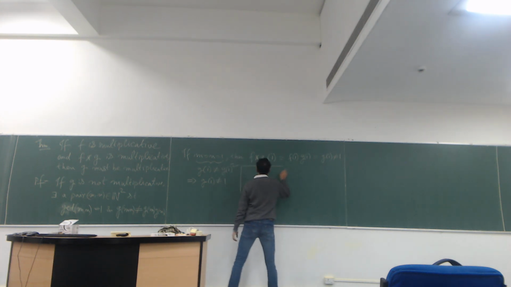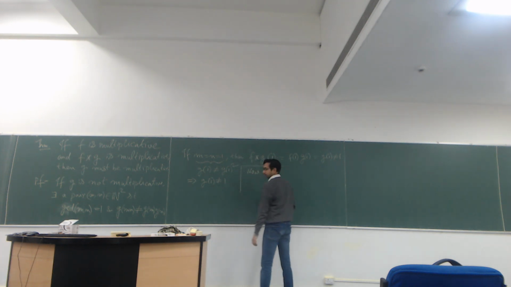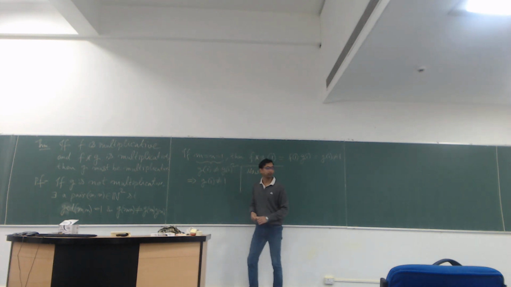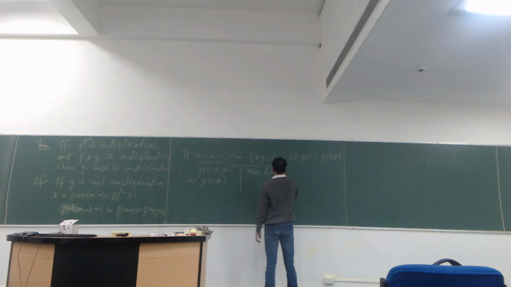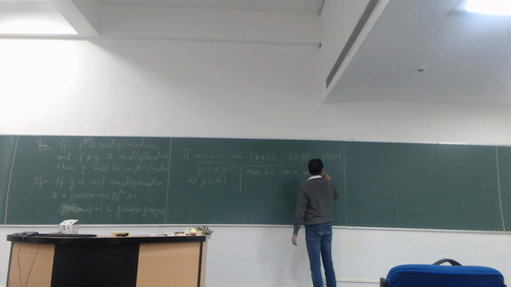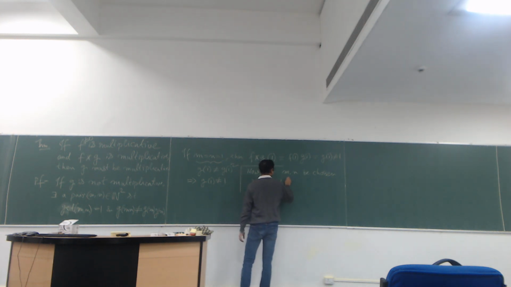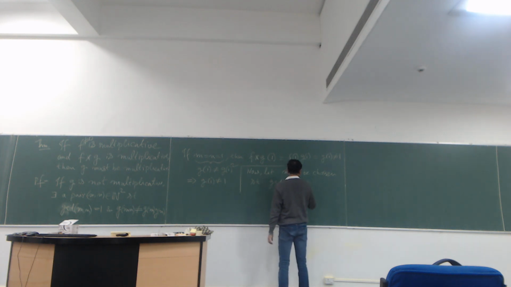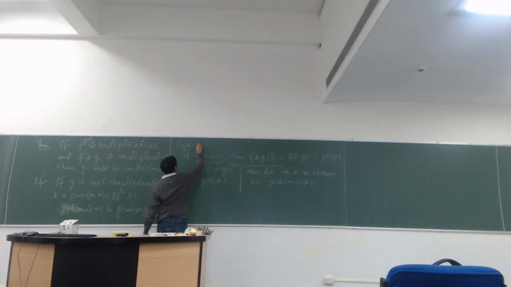So now let's consider the case where not both of M and N are 1, but we choose M and N such that MN is minimum. So now M and N are chosen such that GCD of M and N is equal to 1. So this was the case where M and N were 1 and 1.